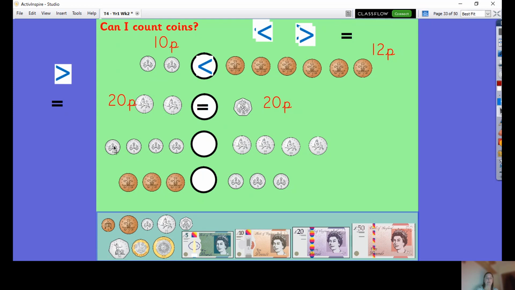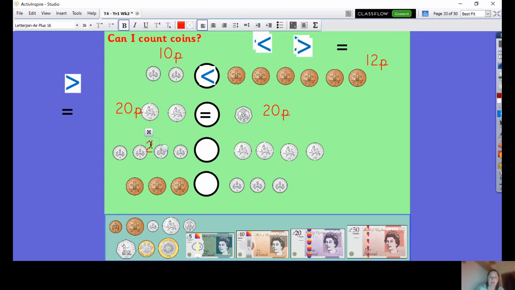But remember, look at the numbers. So these are 5s. I'm going to count in 5s. Count with me. 5, 10, 15, 20. Oh, look, again, this makes 20p. So again, if somebody wanted to give me 20p, they could give me 4 5p coins. How much is this? This is 10, 20, 30, 40.